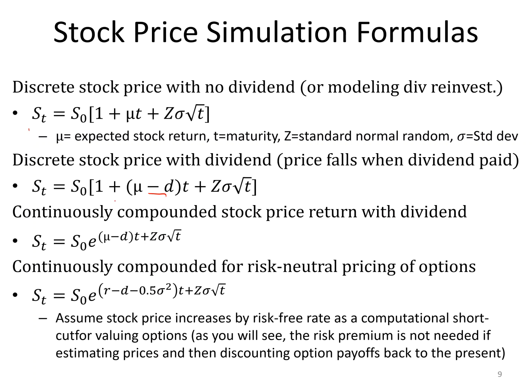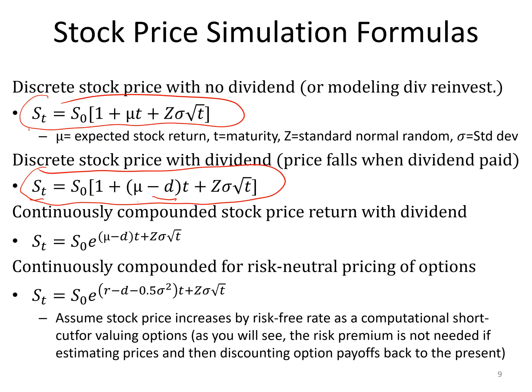So if mu is the expected return of the asset, the actual price is reduced by that dividend yield D. This is a way of modeling the stock price, not just the total stock price for a non-dividend payer.